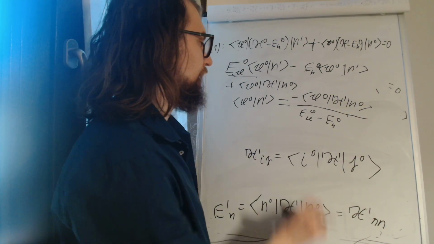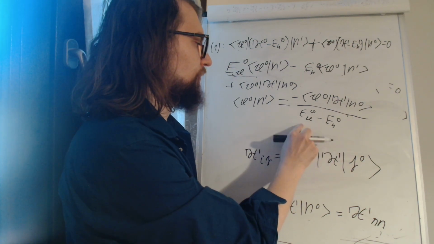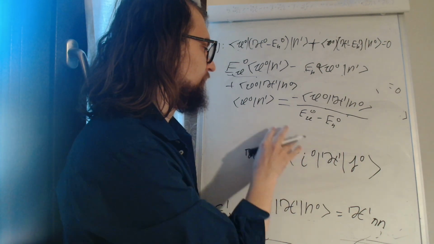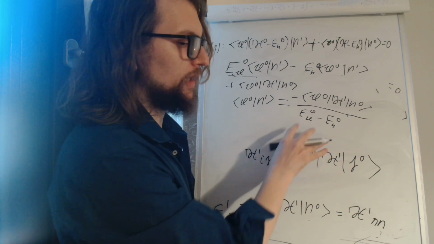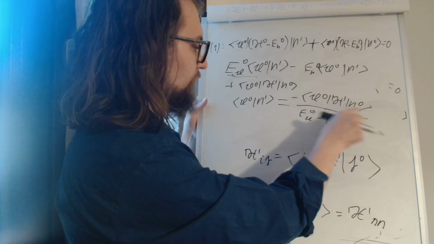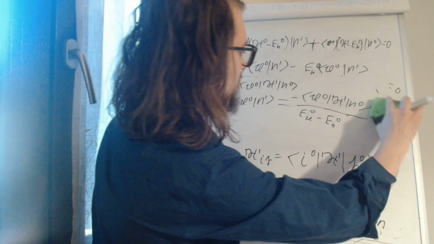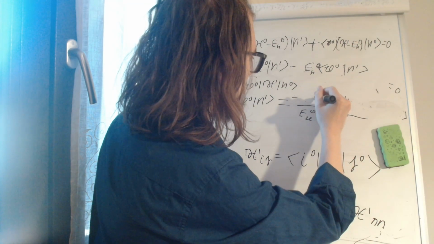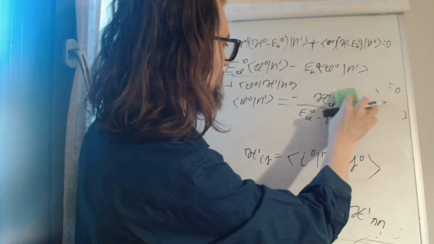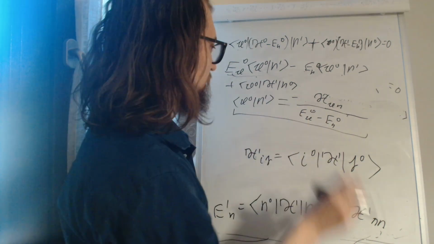So we arrive here, and since we have no degeneracy, this denominator will be different from 0 because k and n are different, so the eigenvalues must be different since we have no degeneracy. And with this notation we can write this in a more compact form as h1 kn.